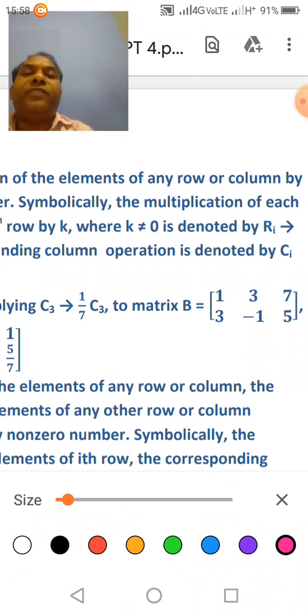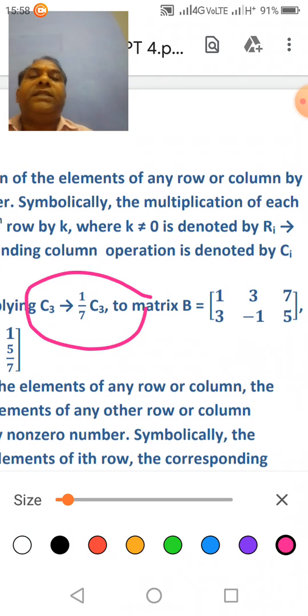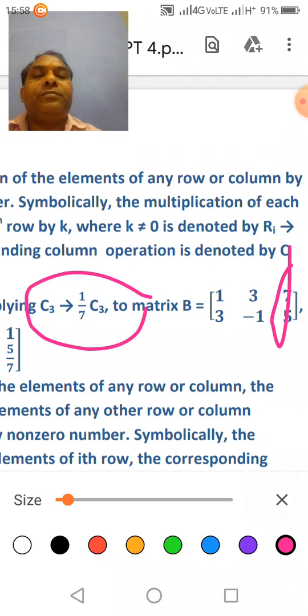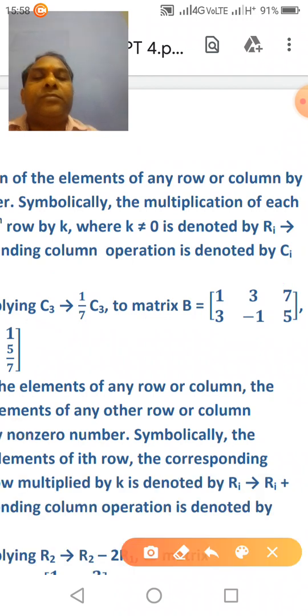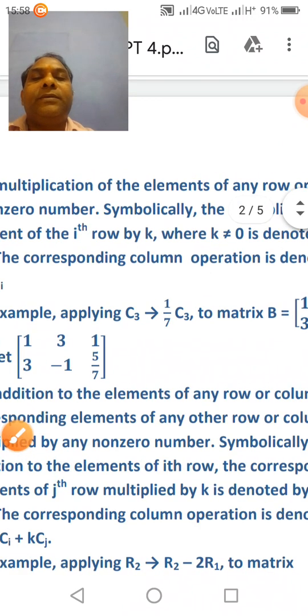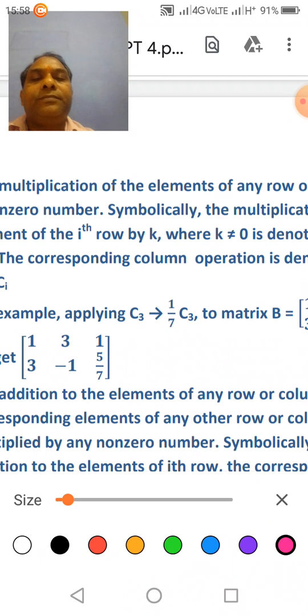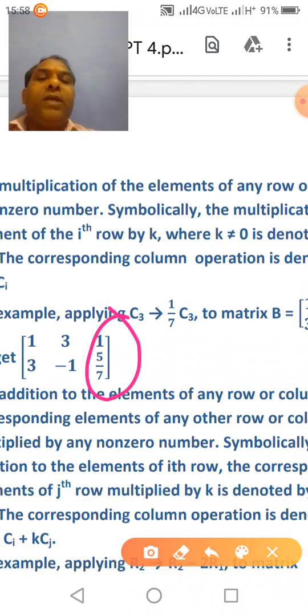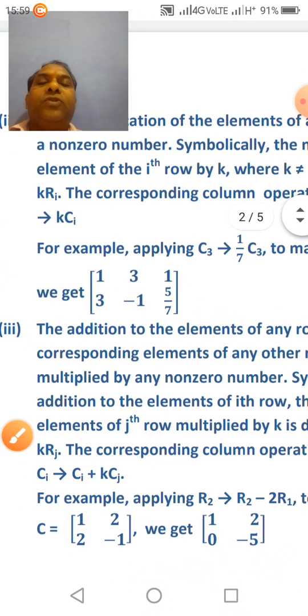And here we have to operate, suppose, C3 is changed by 1/7 C3. It means you have to multiply the elements of the third column by 1/7. Then the result will be this one. Clear? Similarly, you can operate in case of row also.